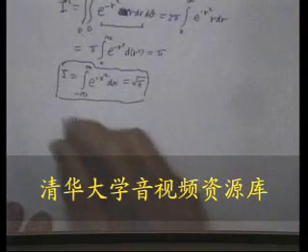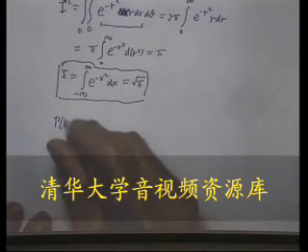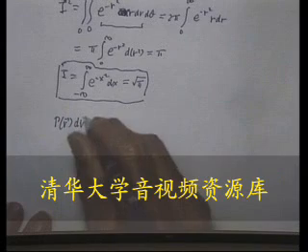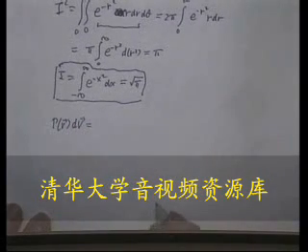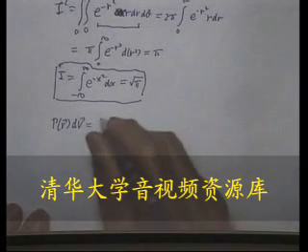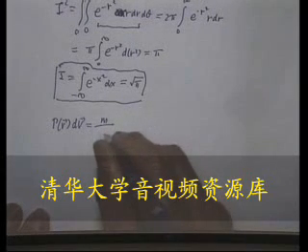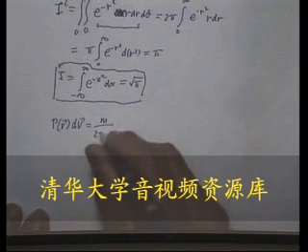So the constant is m over 2 pi kT, to the 3/2 power.